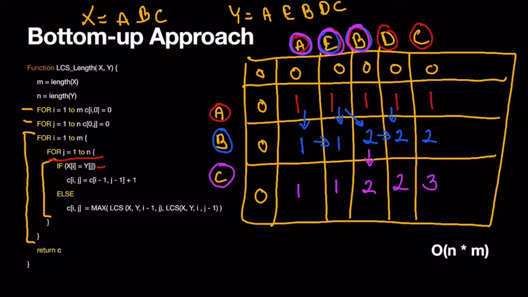From all these links, we can actually derive the longest common subsequence by traversing this table backwards. Meaning we start at C(m, n) right here. And we will be looking for whenever we see an increment, or when C(i, j) is equal to C(i minus 1, j minus 1) plus 1.